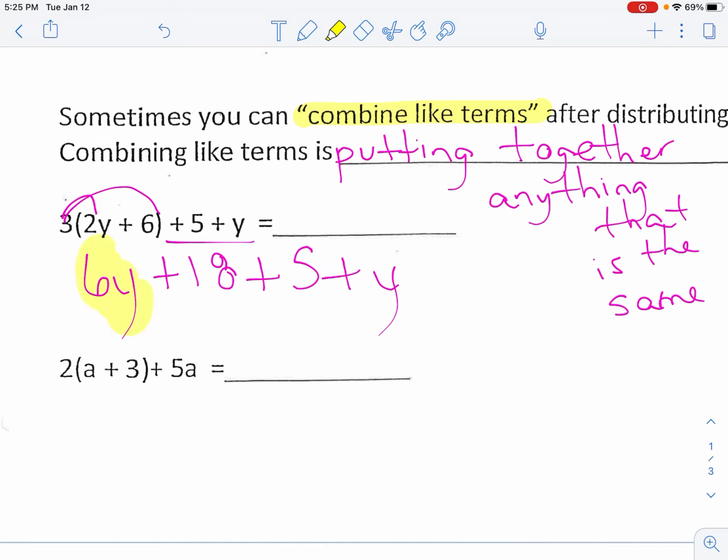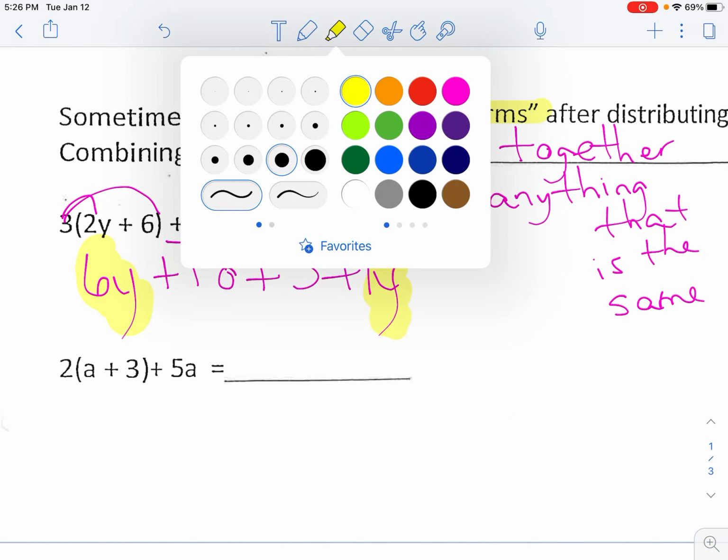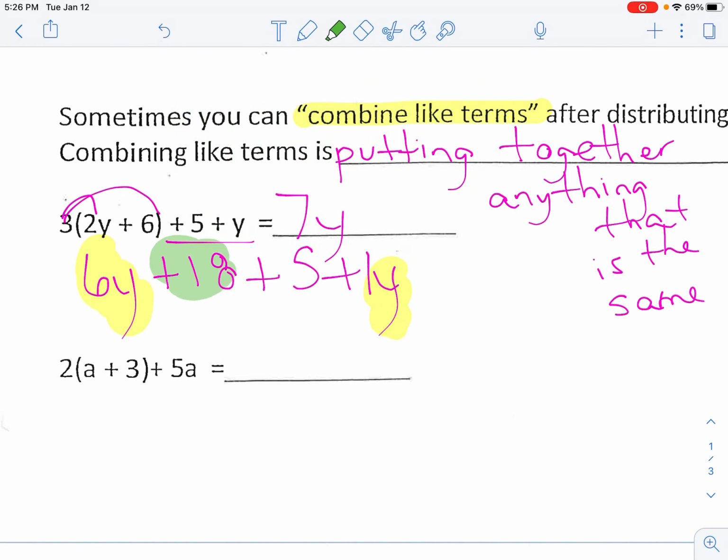Well, I see a 6y and a y. Remember, there's that invisible 1 in front of that y. So I am allowed to combine 6y plus 1y. That would be 7y. I'm also allowed to combine 18 and 5. That's 23. Final answer, 7y plus 23.